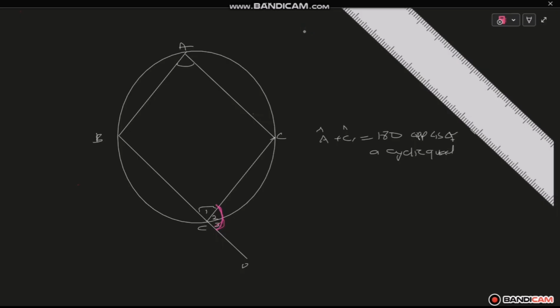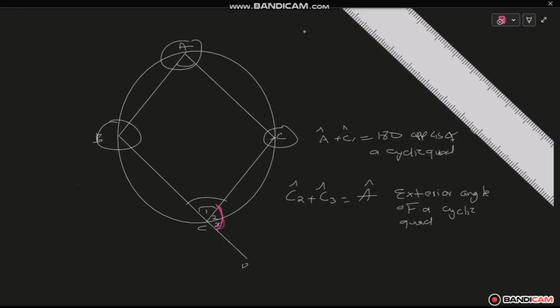Therefore angle C2 plus angle C3 are equal to the opposite of angle C1, which is A. Therefore they are not equal to 180, but it is known as the exterior angle of a cyclic quad, meaning that if I have angle A, automatically I will have angle C2 plus angle C3 equal to angle A. So angle A, B, C, and D, all the corners must touch what? The circumference for it to become a cyclic quad. That is very, very important, guys. So you must know this.